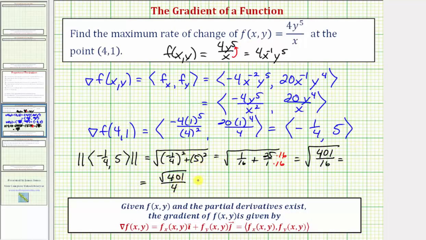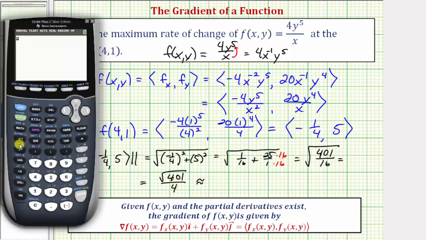Let's also get our decimal approximation. The square root of 401, right arrow, divided by 4. Now if we do not need the exact value though, notice how we could just enter the square root of 1/16, so 1 divided by 16 plus 25, and we get the same decimal approximation.